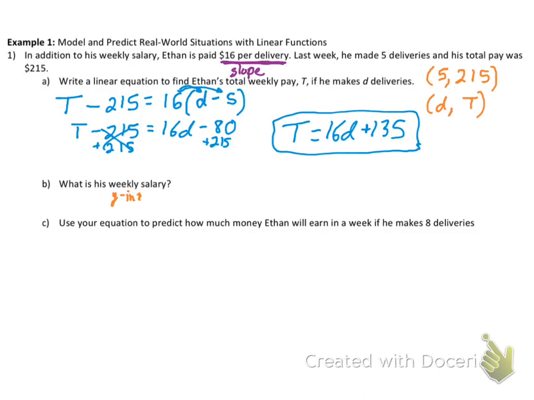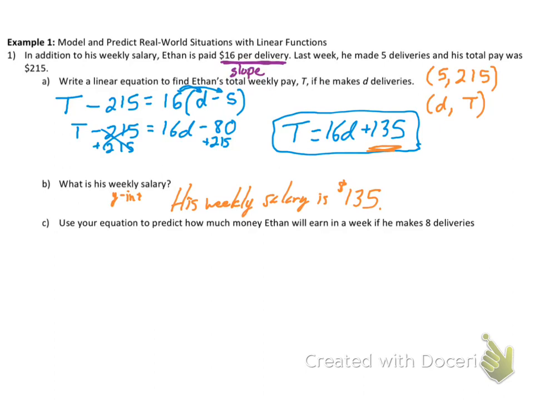So his weekly salary is $135. Okay? Because if you make 0 deliveries, then this part's going to go away and leave you just with 135. So you got to make sure you understand what the different parts are saying. That b, that y-intercept, that's where he starts. And then the slope of 16, that's $16 per delivery.